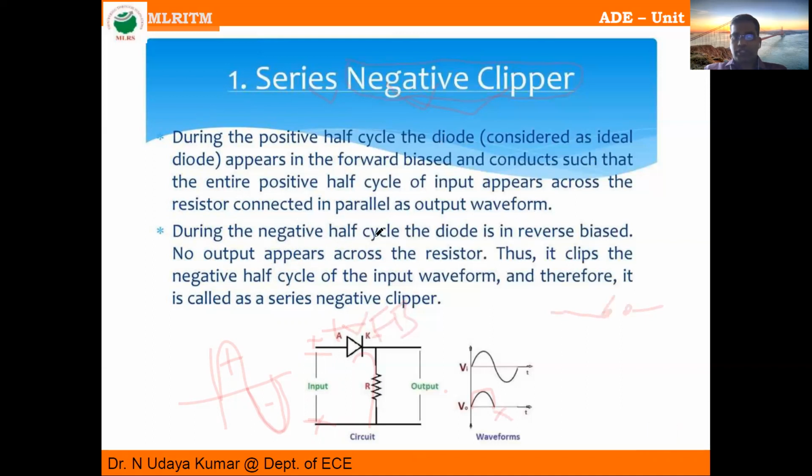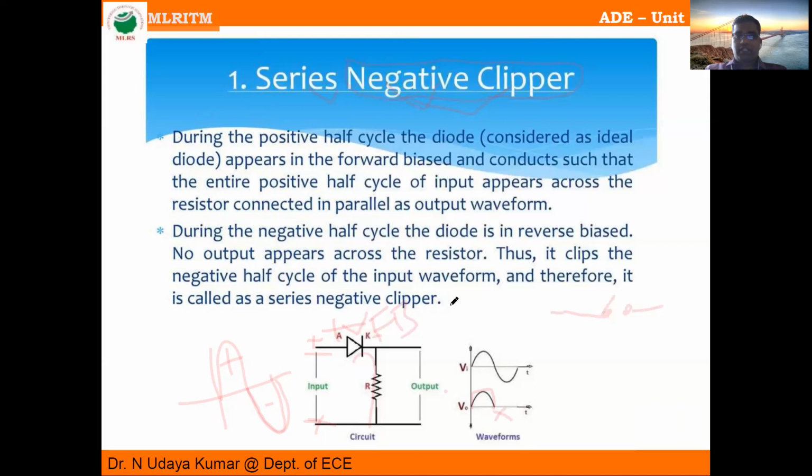During the negative half cycle the diode is reverse biased, no output appears across the resistor. Thus, it clips the negative cycle of the input waveform and therefore it is called a series negative clipper.